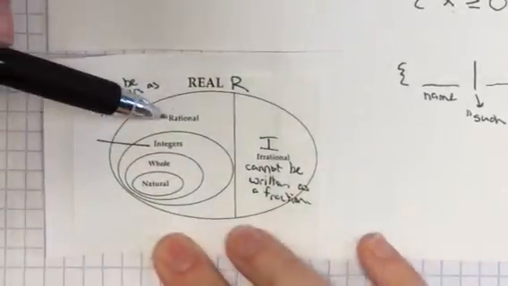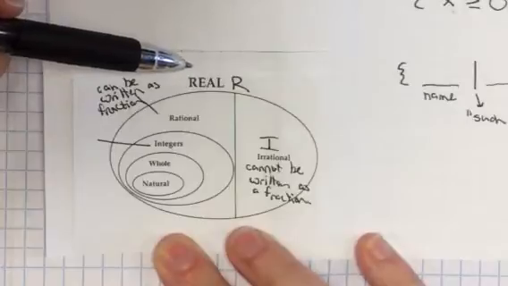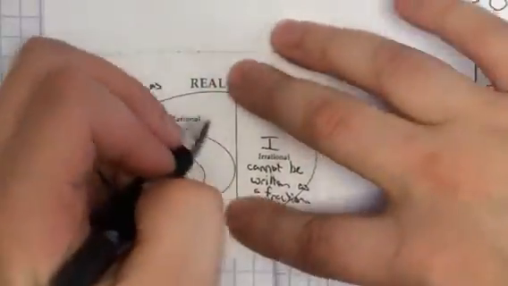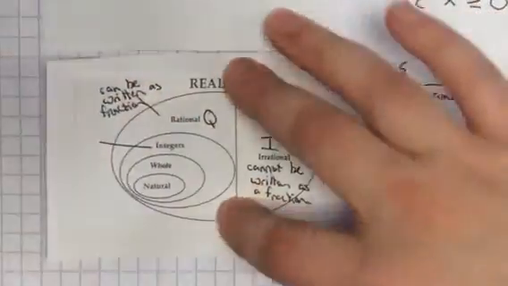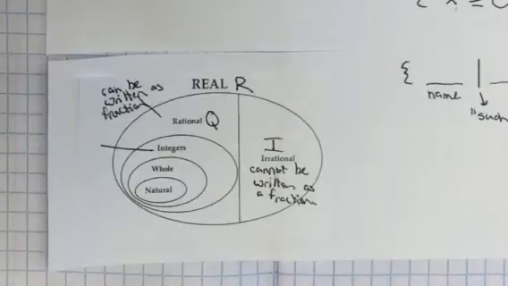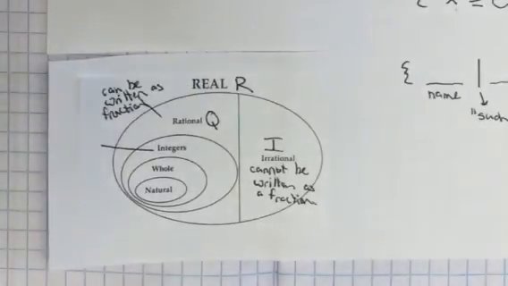We're going to run into a problem with rational numbers, though. We can't use R because we're already using it for real numbers, right? So somebody along the lines decided that they were going to use a Q for rational numbers, and that's becoming the common math notation. So we use Q for rational numbers. And again, we can't use R because R is already taken, real numbers. So we had to come up with something different, and it ended up being a Q. So that one you just have to remember because it's different.